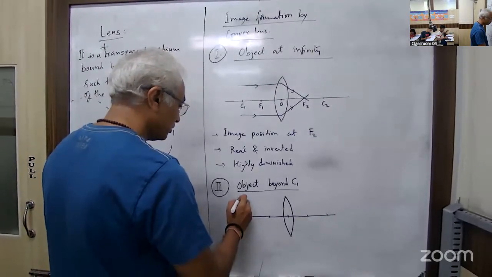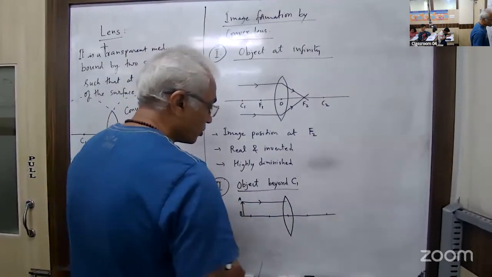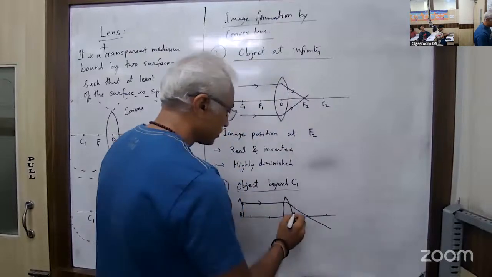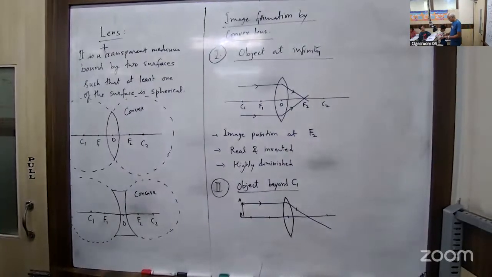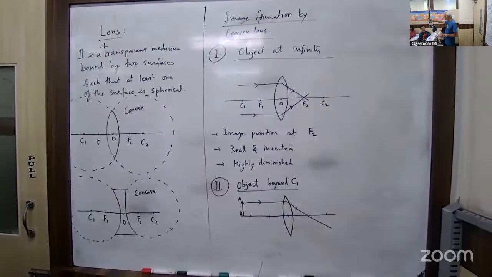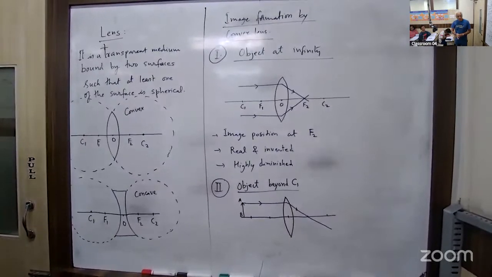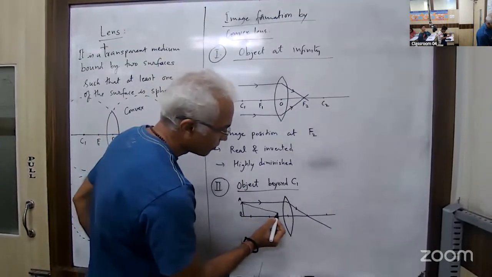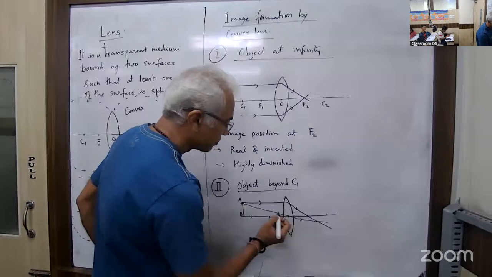So you have AB. So a parallel ray passes through the focus. Now here you have to remember, if the ray passes through the optical center, it will pass on the other side undeviated because it is coming on the normal, right? So it will pass undeviated. So let us say the ray goes from here. Okay. So this is what will happen.